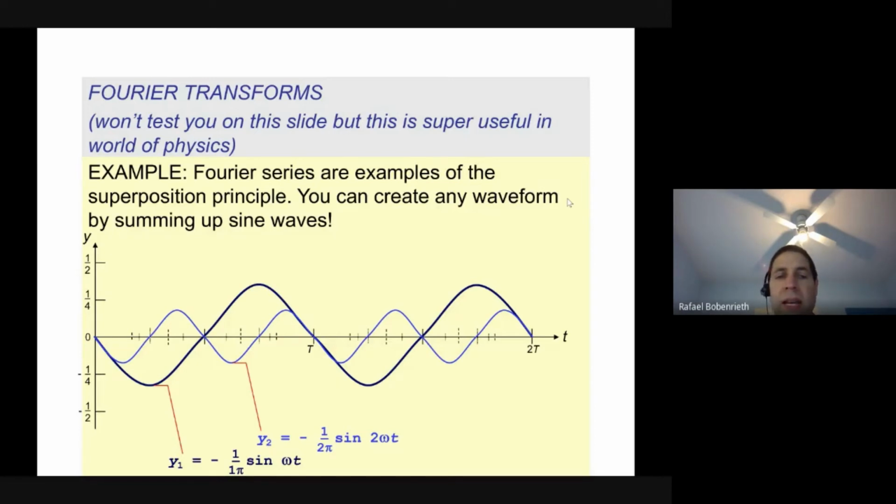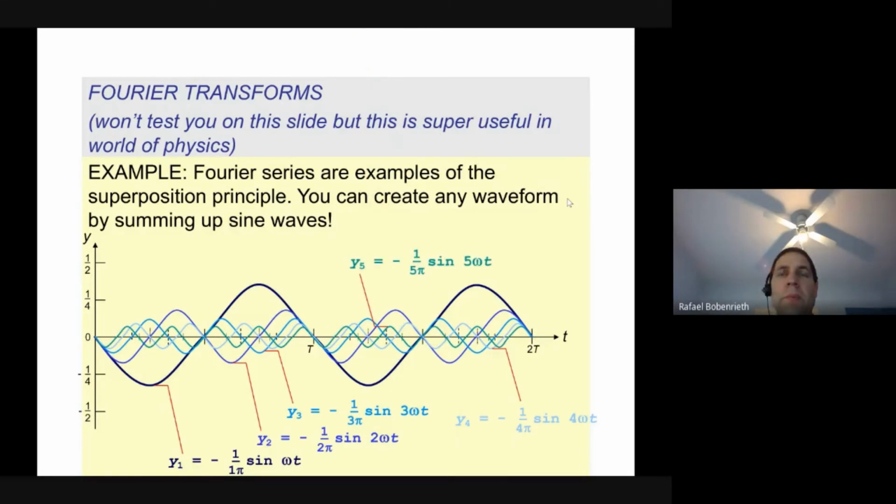It's not in phase, it's not out of phase, it's kind of offset in some way. Then I've got another wave here, and it's got its own amplitude, its own period, wavelength, etc. I've got a fourth one here, and finally, I've got a fifth one here.